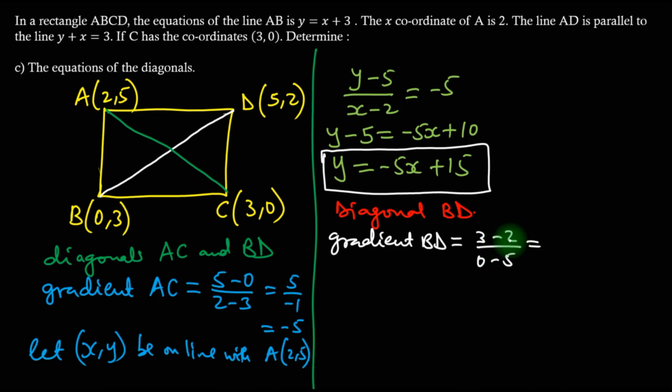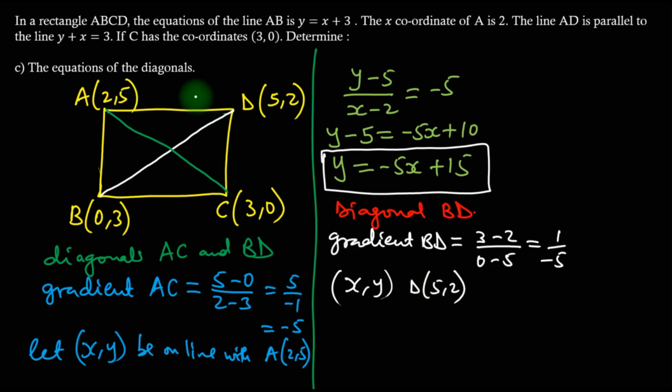We get 1 over minus 5. So the gradient is 1 over minus 5. From there also, we say let another point x, y be on the line with one of the points. We can take D, 5, 2.